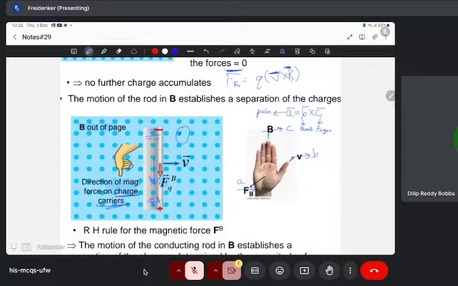What is it? The electric field is in what direction? This direction. Electric field is from positive to negative, right? So that will be the direction of the electric field. Yes, so don't forget. Positive to negative will give you the direction. Positive to negative or negative to positive?